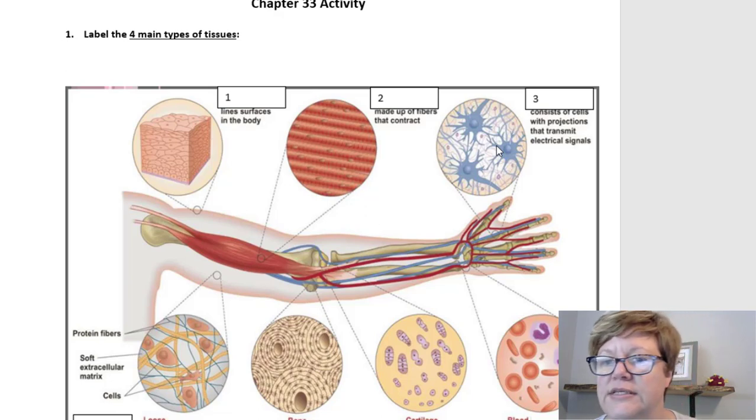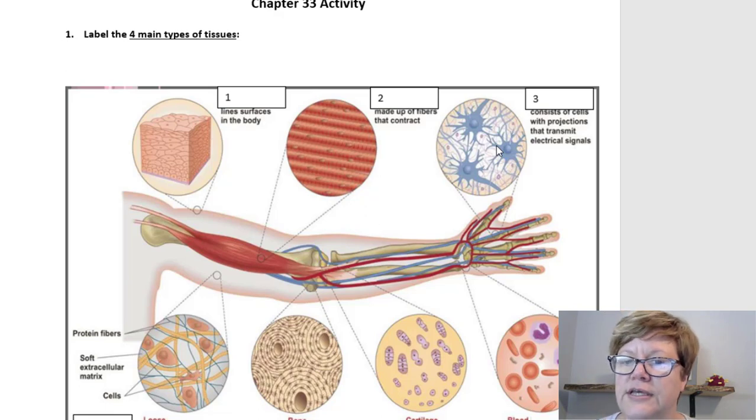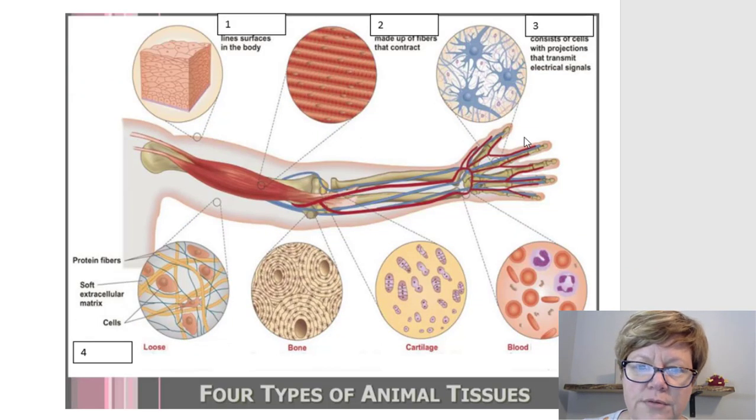Ultimately, the interaction between the neurons and the muscles, neurons have the electrical signal that stimulate the muscles to do their contractions. But the tissue itself that passes along electrical signals is neural tissue. So if you can't tell by the image of the neurons shown in the close-up picture, then maybe the words help you.